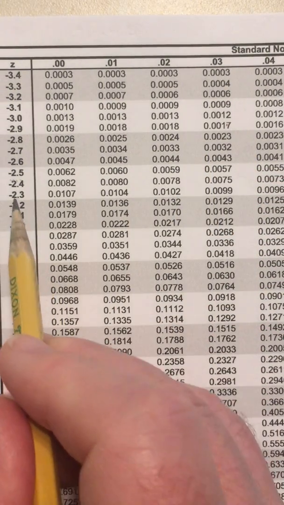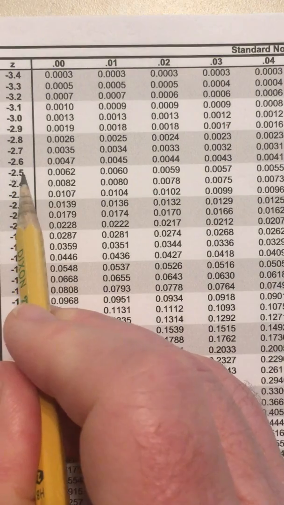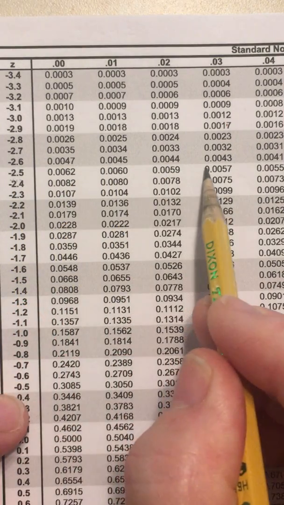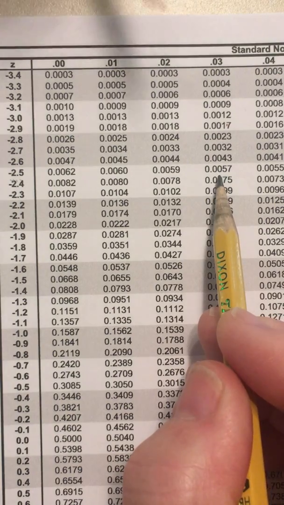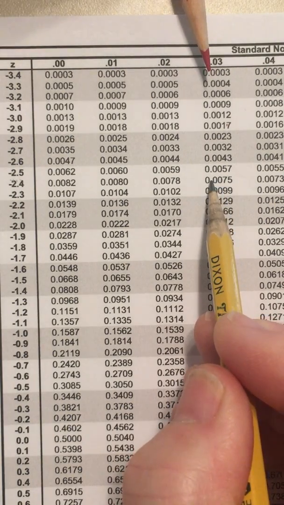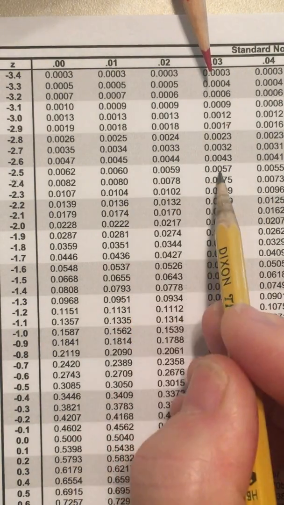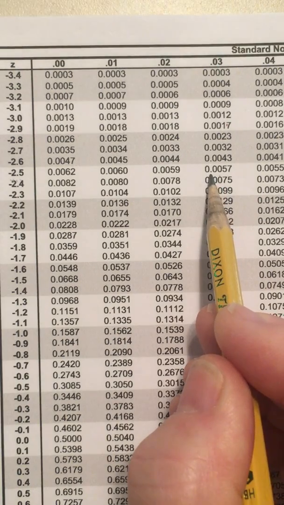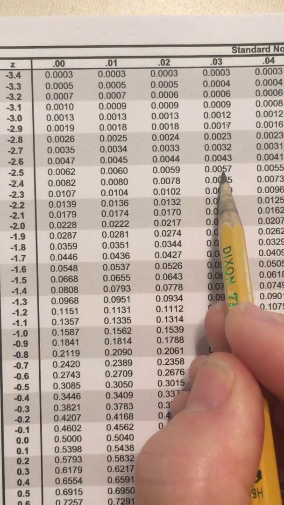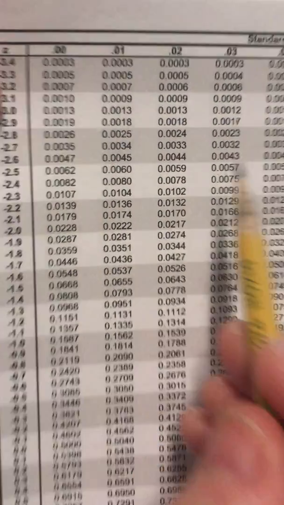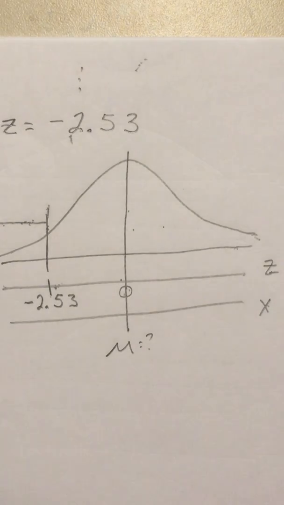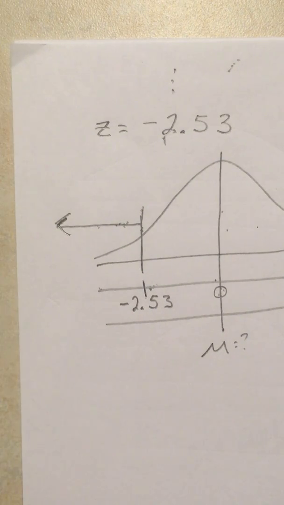So, negative 2.5 is in this row, and the 3 is in this column. And so where those match, negative 2.53 is 0.0057. The question is, where does 0.0057 go in our picture?